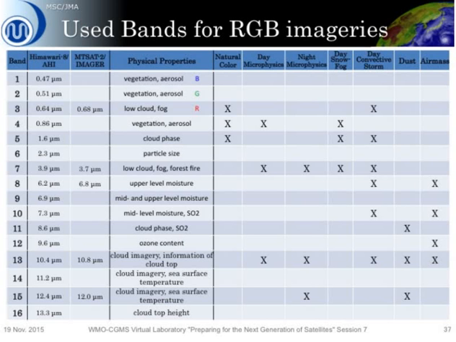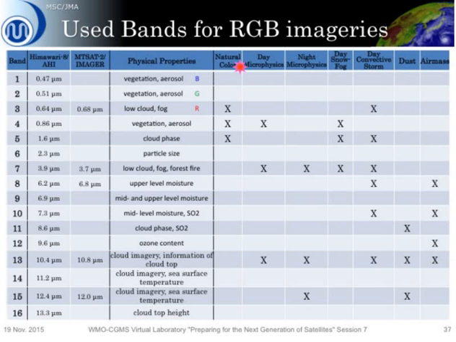This is the table of Himawari-8 AHI specifications. There are 16 bands, and the meaning of the wavelengths is denoted here. And here it shows the bands used for RGB imagery.